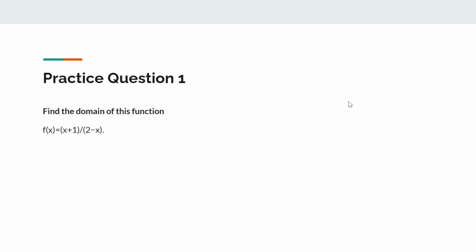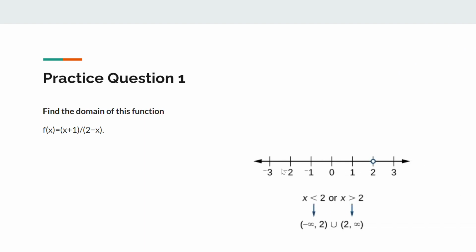Alright, so here's the solution. Let's take a look at the denominator first. 2 minus x is the denominator for this function, and we know that for a function to exist, the denominator couldn't be 0. So x cannot be 2, because if we plug in 2, the denominator is going to be 0.